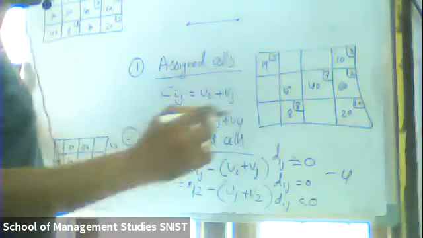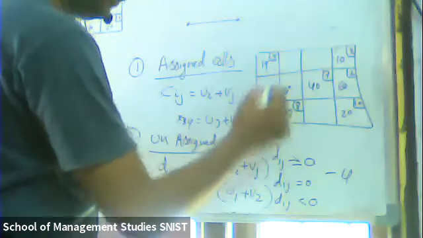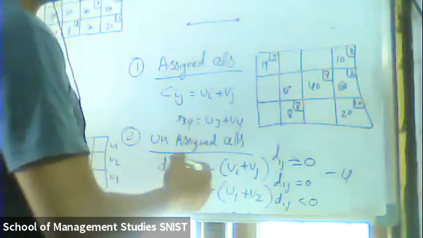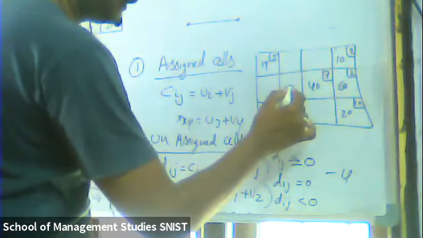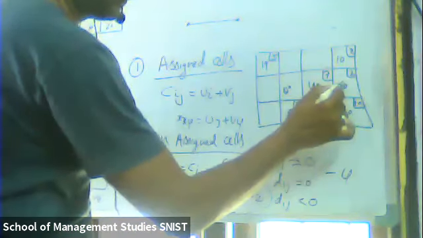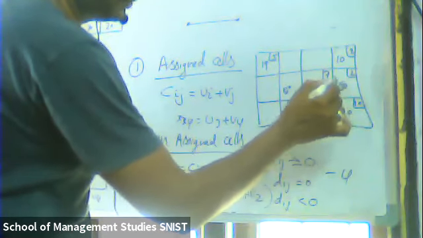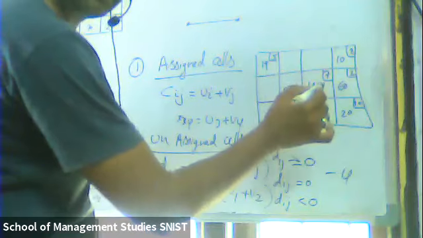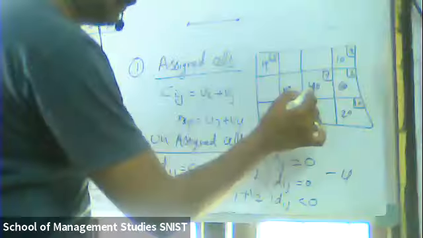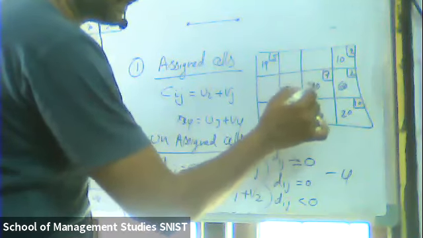Yes, sir. So if I want to construct a loop here, I may go ahead like this, I may stop here, yes or no, because this is assigned cell x24. Yes, sir. Or I may stop here itself because this is an assigned cell.